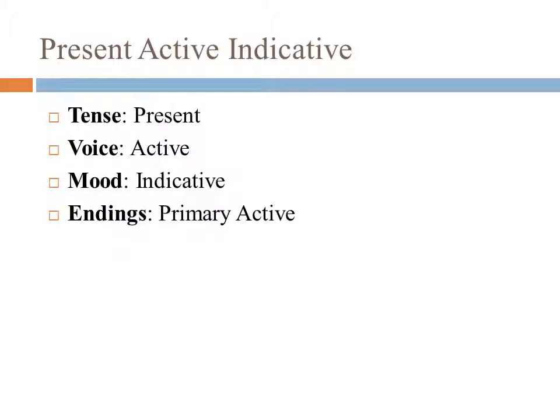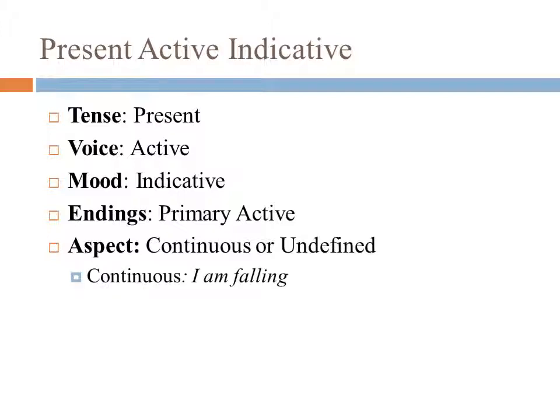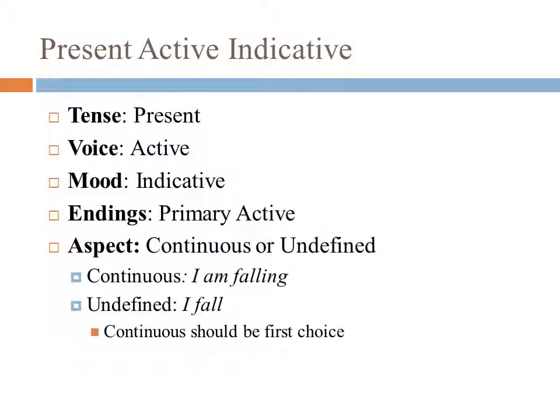We have a set of endings that are primary, but specifically primary active endings. The aspect, continuous or undefined. Continuous, I am falling. Undefined, I fall. And the continuous should be the first choice.